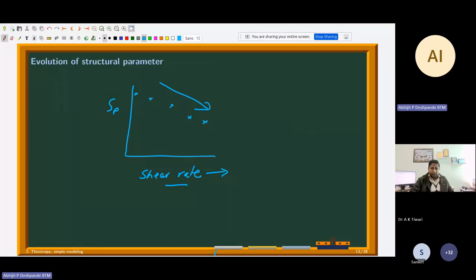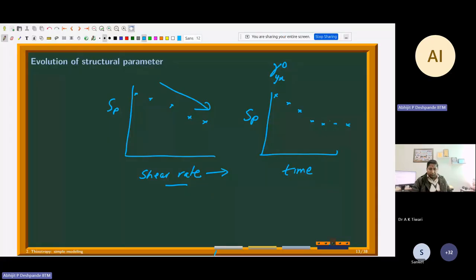Of course, in this graph, I'm only talking about what happens to the structure parameter at steady state. But at a particular shear rate, if we apply a constant shear rate and look at what happens to the structural parameter as a function of time, initially the structure is formed, but as soon as we start applying the gamma naught, the structure will keep on changing, and then eventually it will become a constant value.